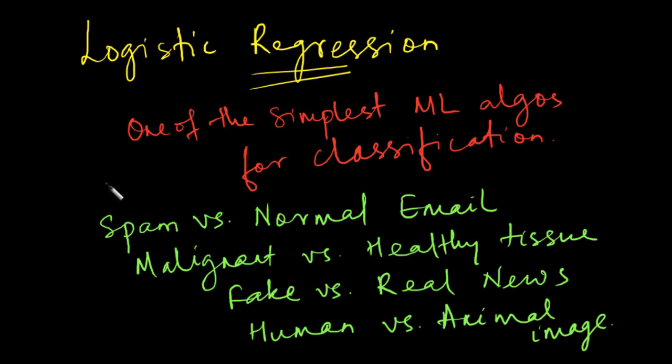Then you would have three categories, and your job is to figure out which of these three categories your email lies in. That is a problem of multi-class classification, which we are going to see in the next video. In this video, for the sake of simplicity, we are going to focus on binary classification.